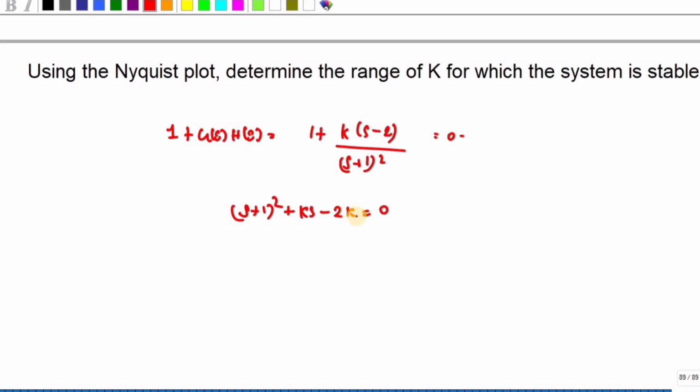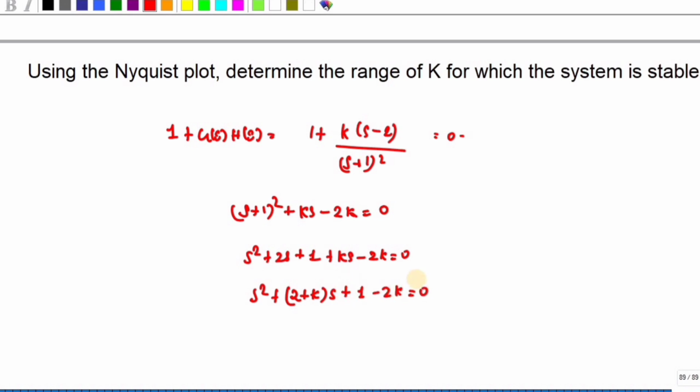So s² + 2s + 1 + Ks − 2K = 0. So s² + s(2 + K) + 1 − 2K = 0.